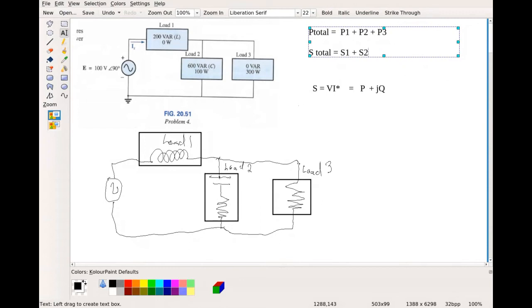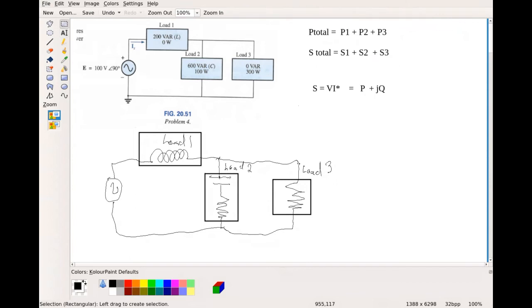With apparent power, the total apparent power is the sum of all your powers. So if you look here, over here's load 1, so that's S1.